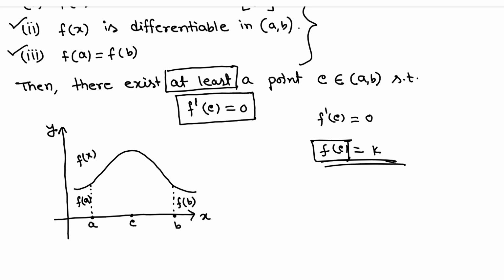And what is the equation of a straight line parallel to the x-axis? Y equals some k, and here f of c equals k. That means it is parallel to the x-axis. So here the tangent f dash c is parallel to the x-axis. This is the tangent, f dash c equals 0. This is the geometrical interpretation of Rolle's theorem.